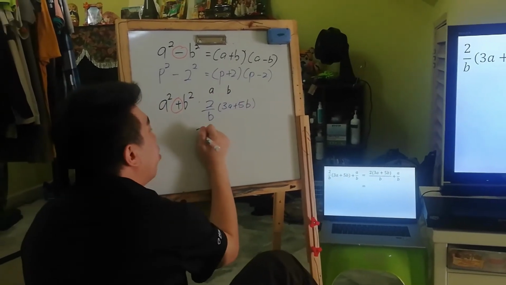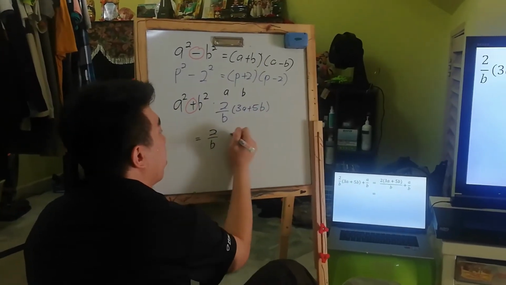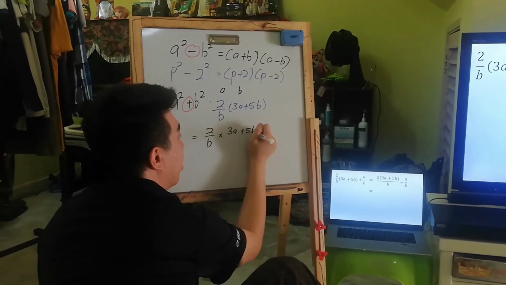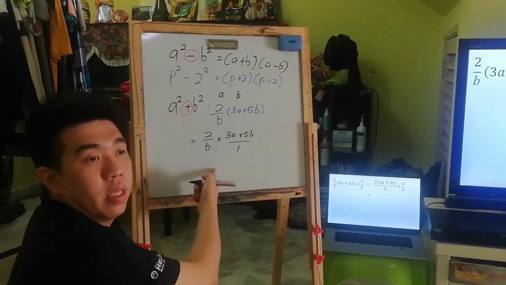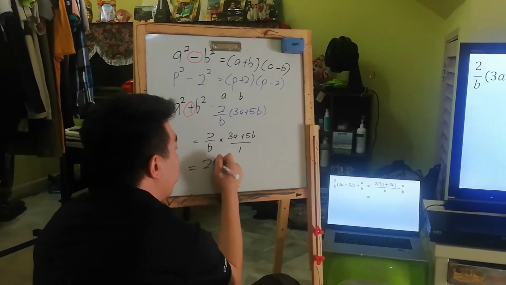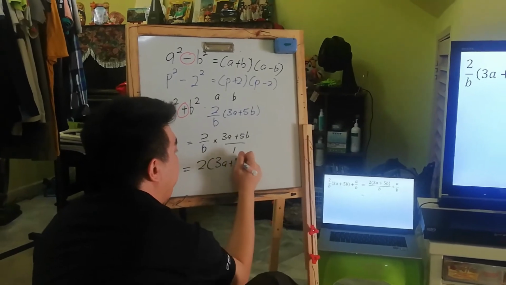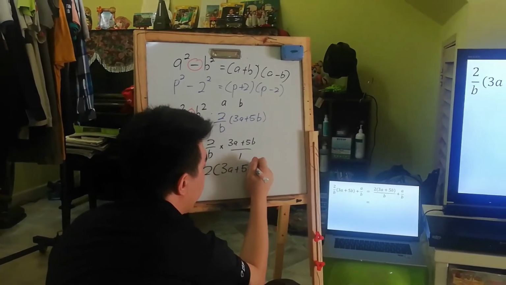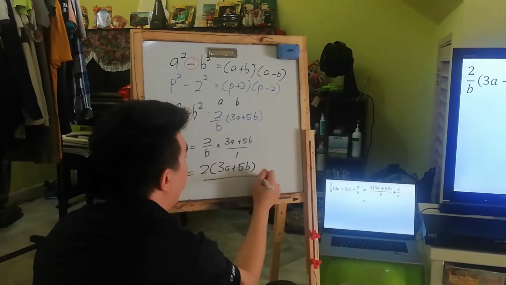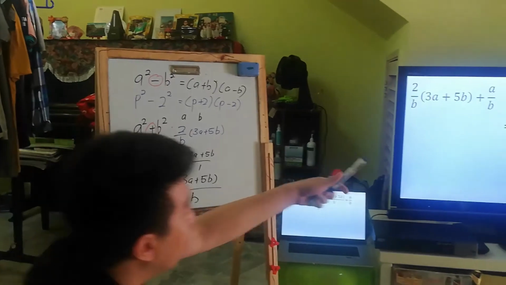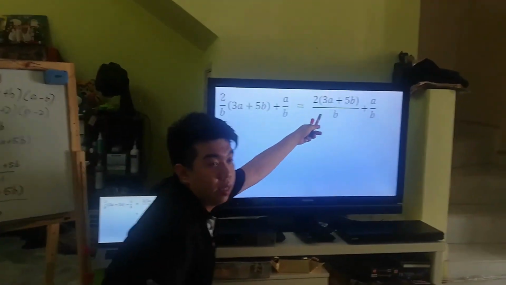So it's actually 2 over b times 3a plus 5b over 1. That's how you get 2(3a plus 5b) over b. That's how you get this form. Okay?